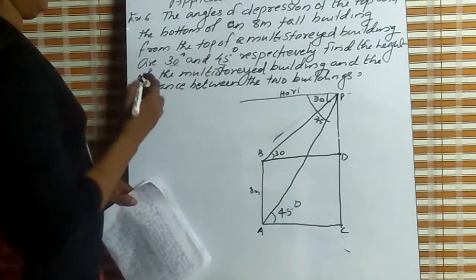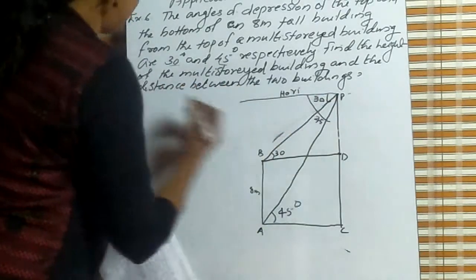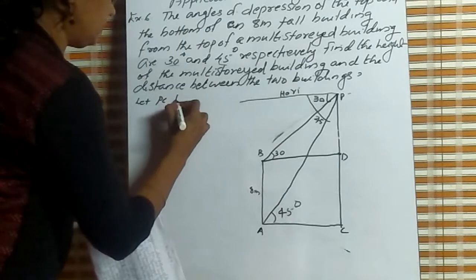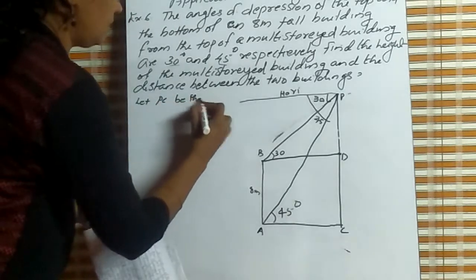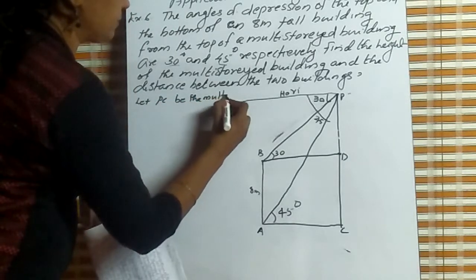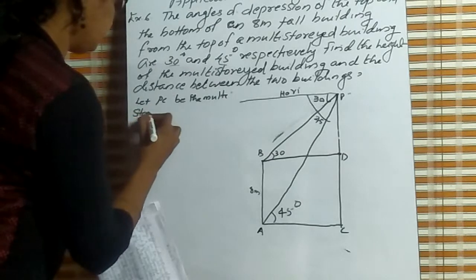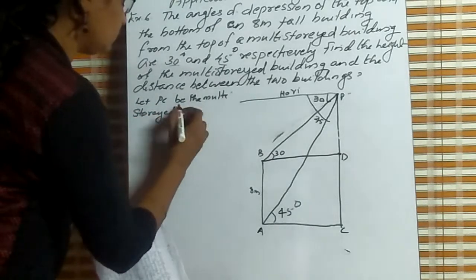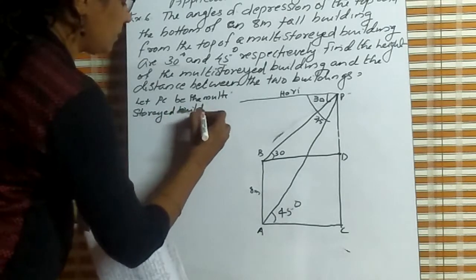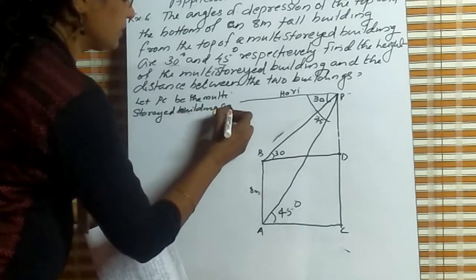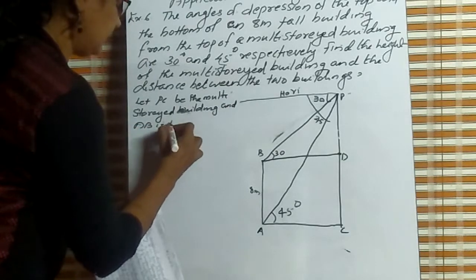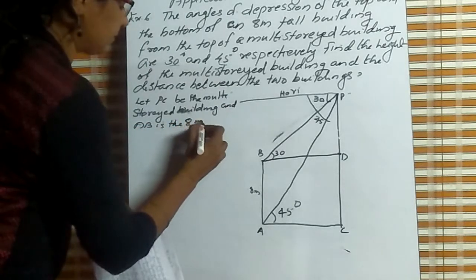For that, first we write: let PC be the multi-storied building and AB is the 8-meter tall building.